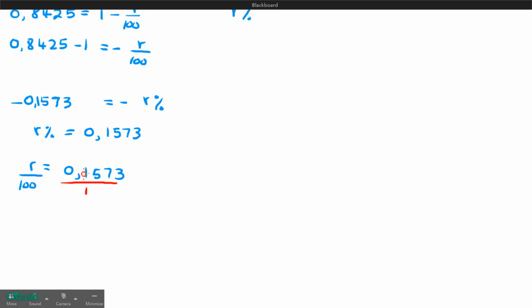So this one will multiply that one. What is R multiplied by 1? Equals to 0,1573 multiplied by 100. We have R is equal to 15,73. And then we can write this in the form of a percentage. So our rate is going to be 15,73%. Okay, so this is our final answer.